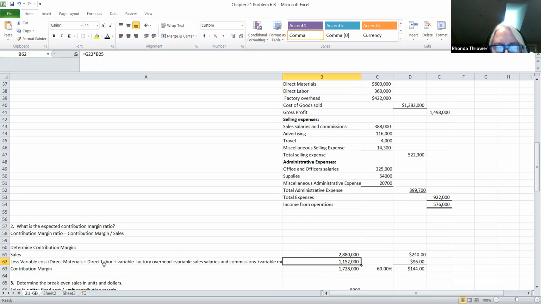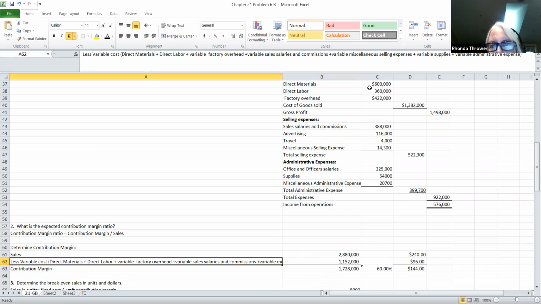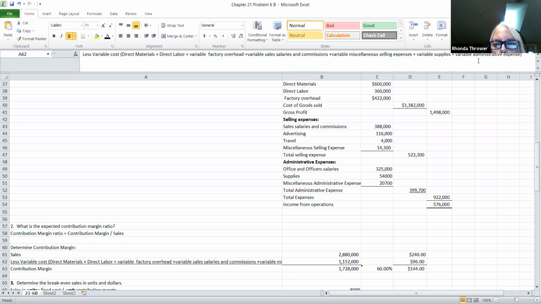Or you could go back and add your direct materials, your direct labor, your variable factory overhead, plus your variable sales salary and commission, plus your variable miscellaneous selling expenses, plus your variable supplies, plus your variable administrative expenses. All of these combined together also give you your total variable cost.